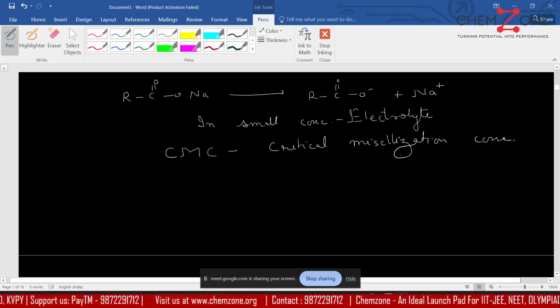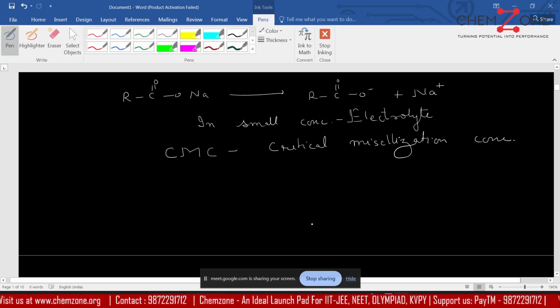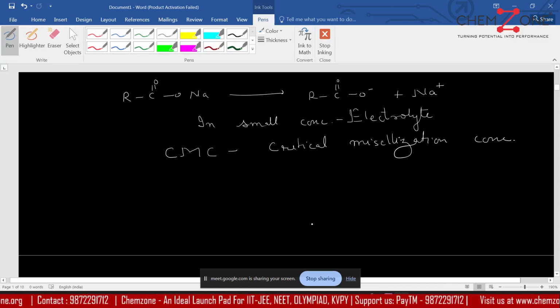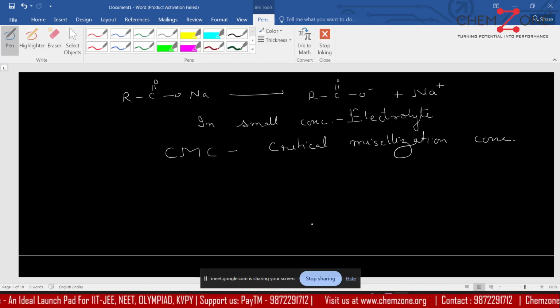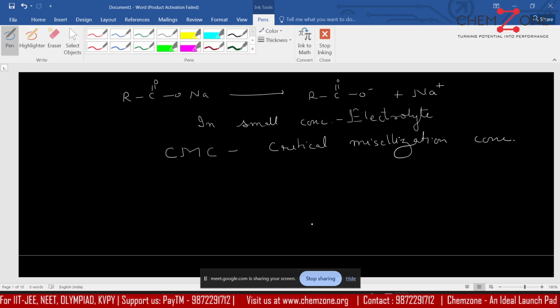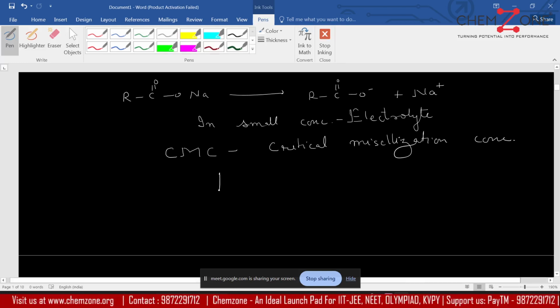It is a minimum concentration above which the micelle formation takes place, right? And there is a particular temperature also above which the micelle formation will take place, and that is called the Kraft temperature.